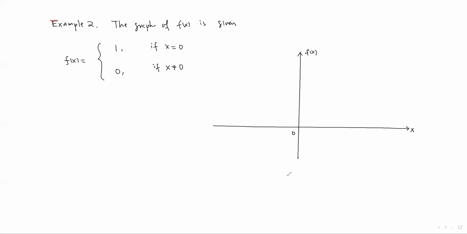Because the function is defined piece by piece, we also plot the graph piece by piece. The first piece: when x is 0, the function value is 1, so a solid point here. This height is 1.